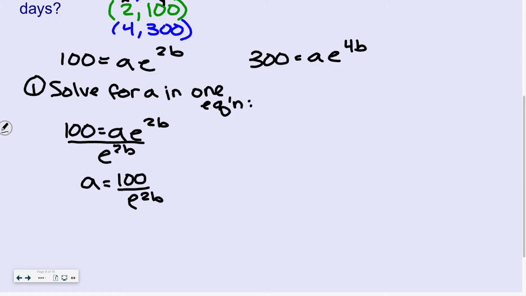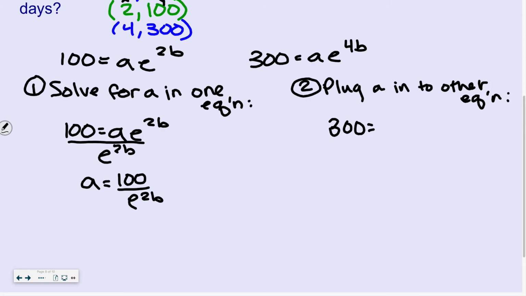Okay, after I solve for A in one of the equations, what can I do? Plug it into the other equation. So I'm going to say step 2, plug A into the other equation. So that will be 300 equals 100 over E to the 2B times E to the 4B.